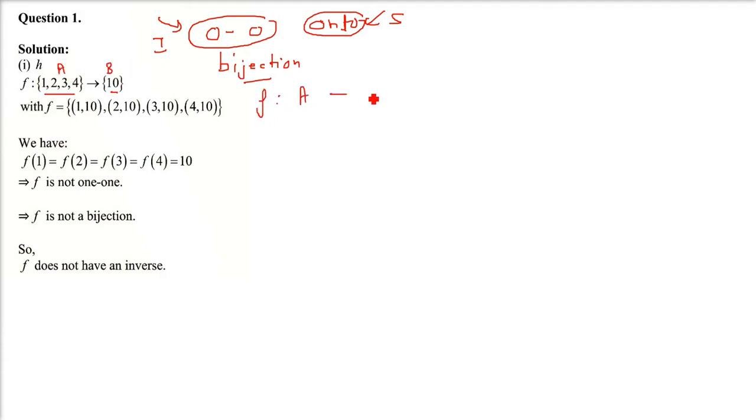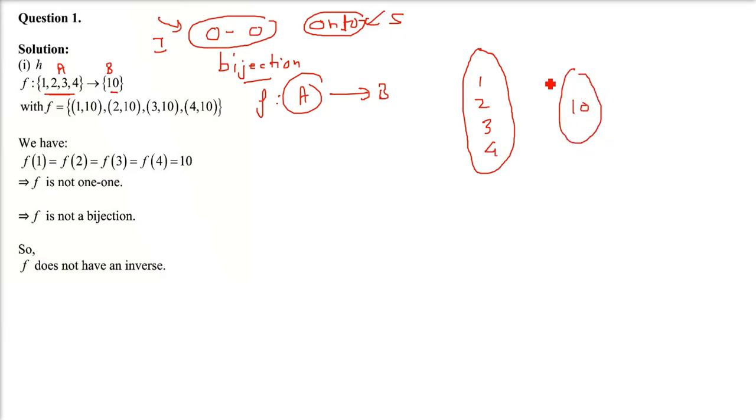A is 1, 2, 3, 4 here and B is 10. Now just make the mapping 1 to 10, then 2 to 10, then 3 to 10 and 4 to 10.